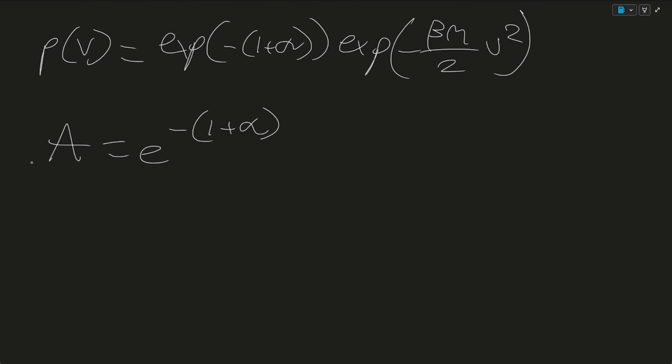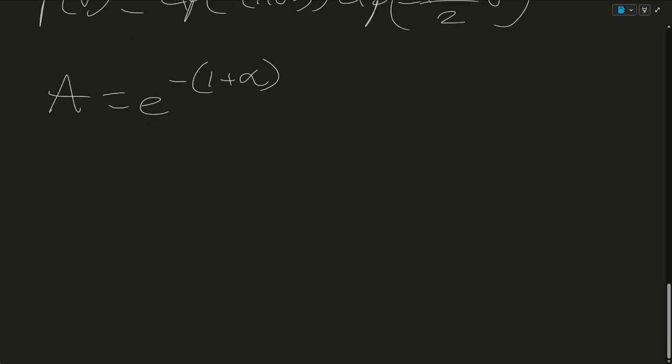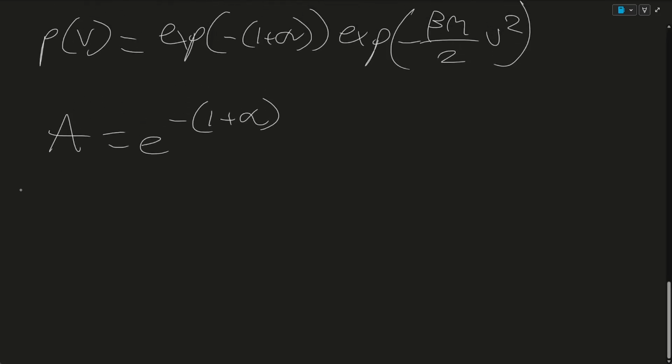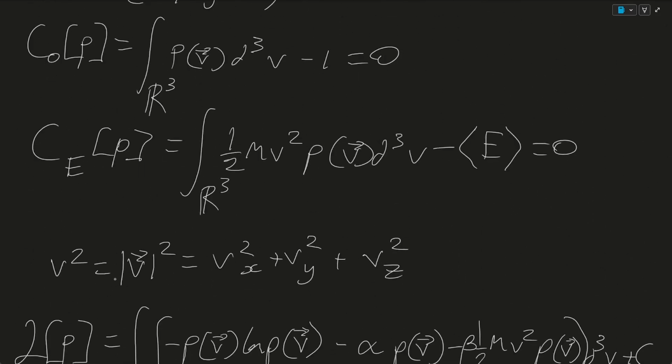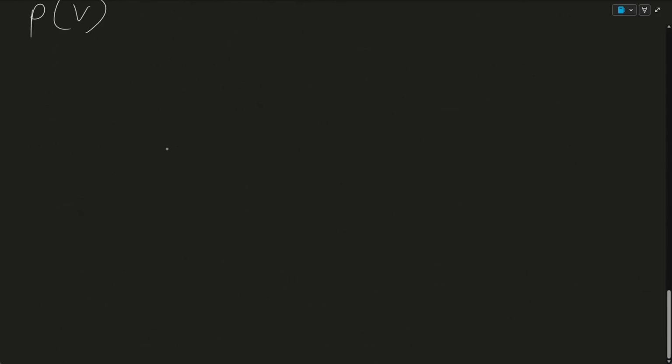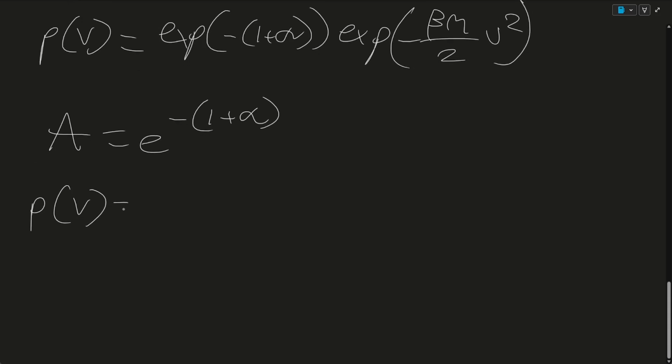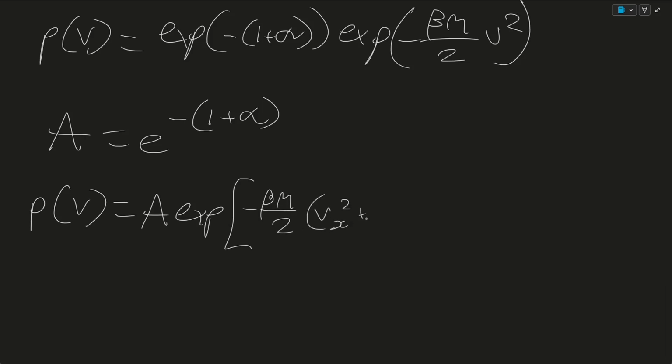Anyway, we can substitute in the parts of v squared here, so we can say that P of v, remember earlier, right at the beginning, I said that v squared is vx squared plus vy squared plus vz squared, so P(v) is A times the exponent of minus beta m over 2 times vx squared plus vy squared plus vz squared.